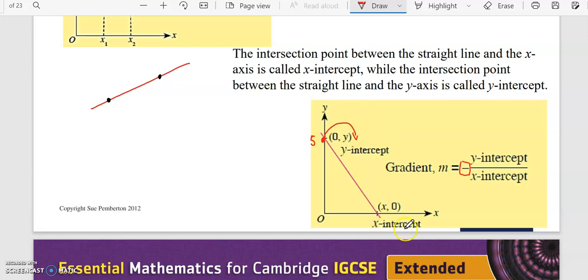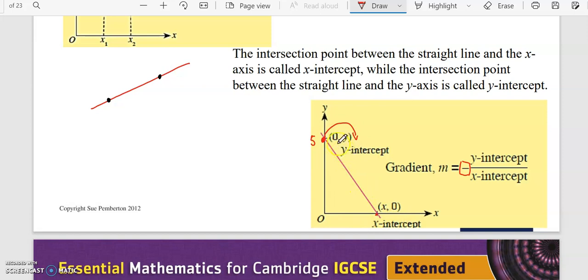Okay, how about x-intercept? X-intercept is the intersection point between the straight line and the x-axis, that touches the point that lies on the x-axis. Okay, kalau you masih ingat dalam topik coordinates, I already explained about the point that lies on x-axis and also y-axis.